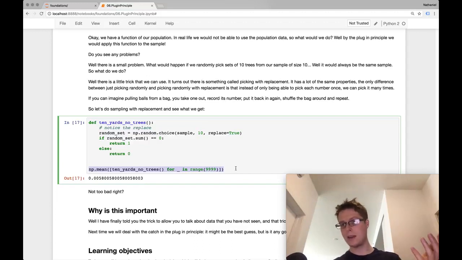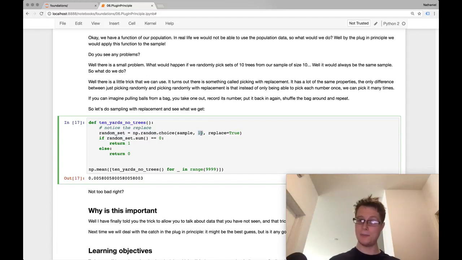And the sample from the sample is with replacement. And ta-da, we get an estimate. In this case, we get 0.6% instead of 0.9%. So there's a little bit of a difference, right? One of the reasons why there's such a big difference is because our sample size was quite small, being just 10. But as that sample size increases, it will get better.